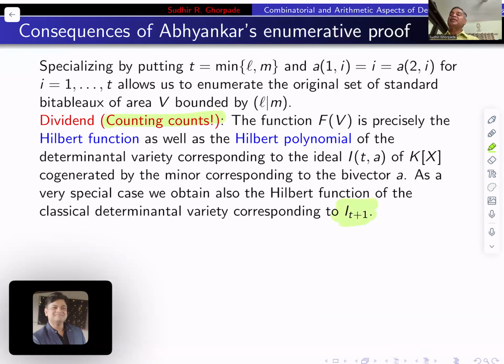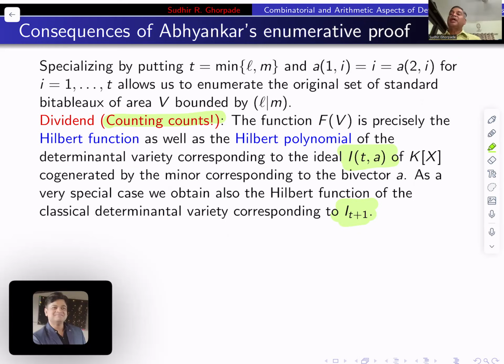This is precisely the ideal that I sometimes denote by I_{t,A} of the polynomial ring, which is what is called cogenerated by the minors corresponding to the bivector A. In other words, it is generated by the determinants of those minors corresponding to, let's say, a bivector B, such that A is not less than or equal to B. So that's what cogenerated corresponds to.